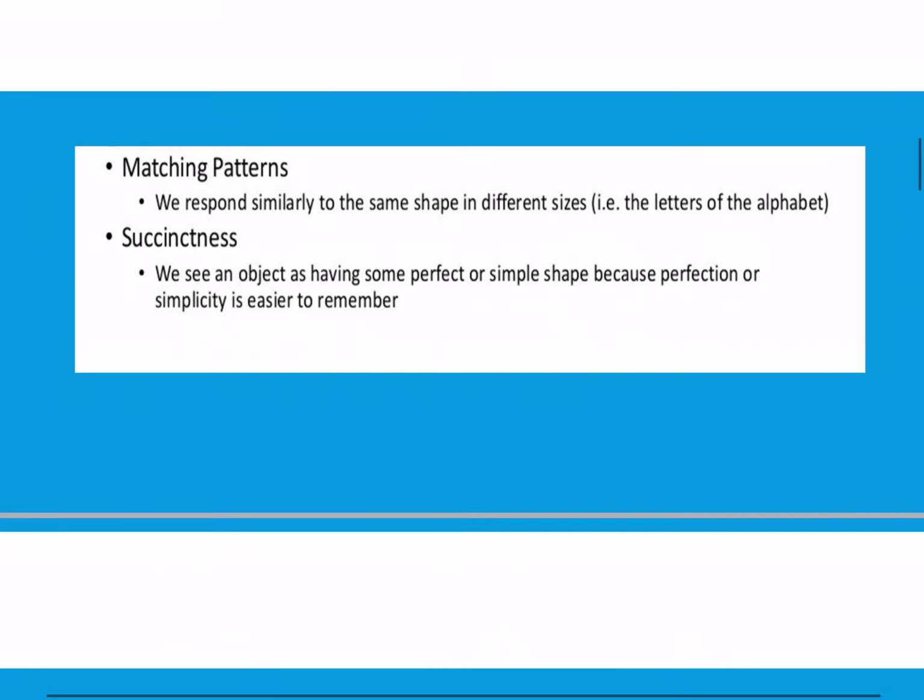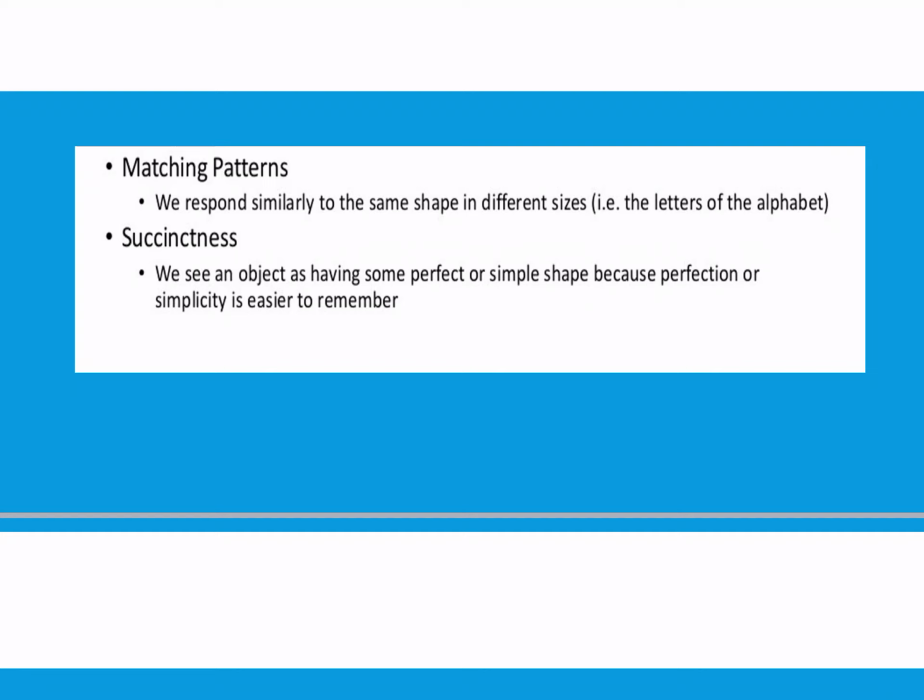Next is matching patterns. Whenever we have matching patterns, we respond to the same shape in different sizes. The shape could be a triangle or square, but it may vary in different sizes.